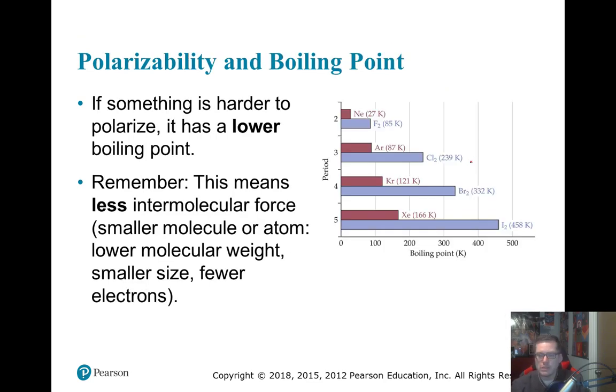All right, and we can see a trend here. If it's harder to polarize, it has a lower boiling point, because its intermolecular forces are weaker. Okay, so it's easier to boil.